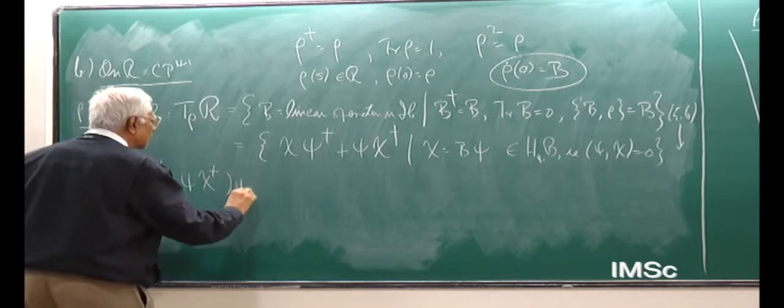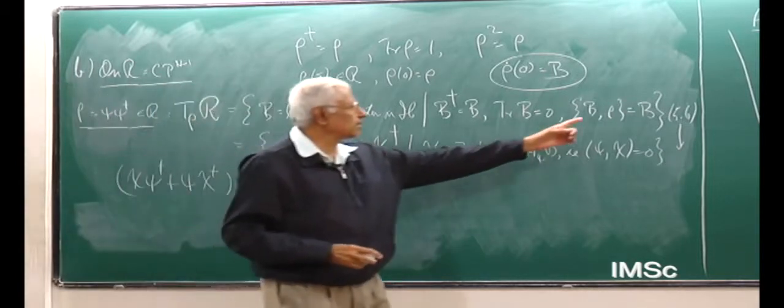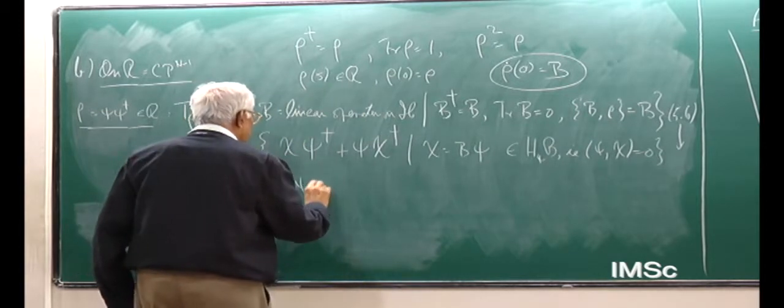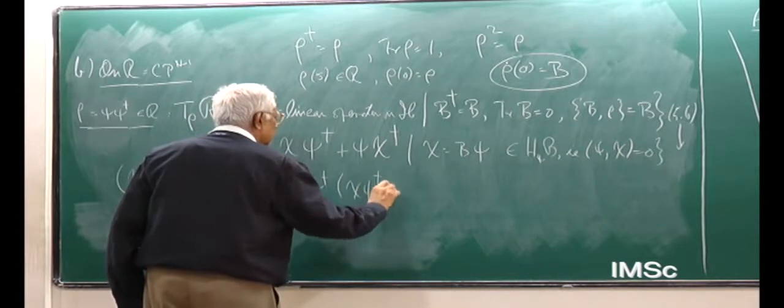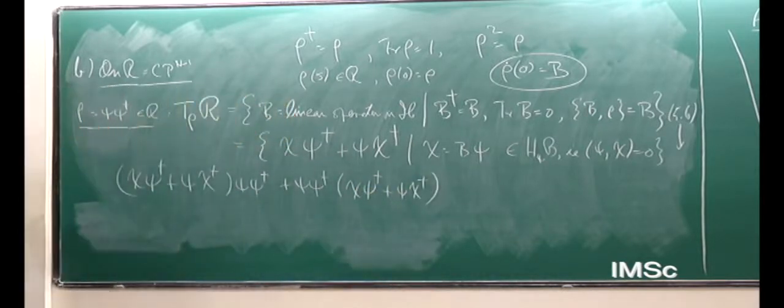What is rho? Psi psi adjoint. This is the first term in this anti-commutator. Plus, what is the next term? Right? This is the anti-commutator of B with rho.